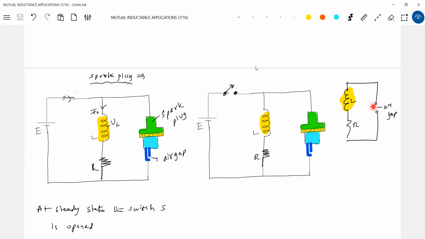So this inductor will try its level best to push the current. For that purpose, the flux will vary at a rate such that it will produce a very large potential difference across it, equal to L di by dt, or E equal to d phi by dt. The rate of change of flux is such that a very large potential difference is set up.